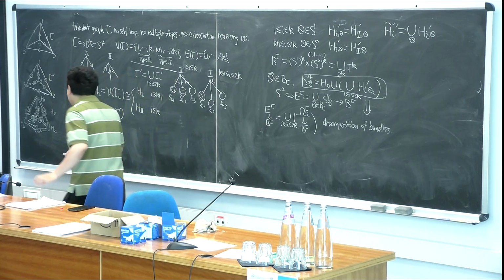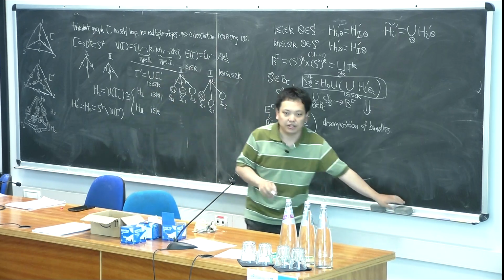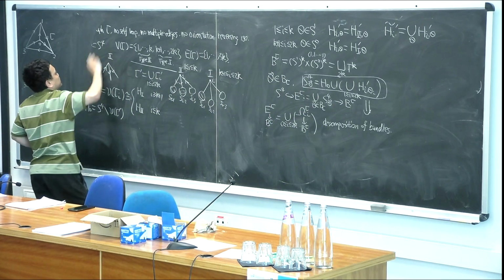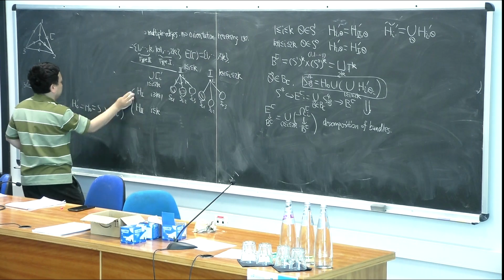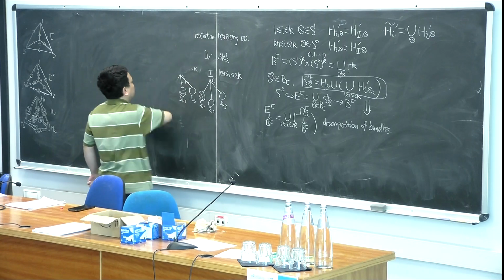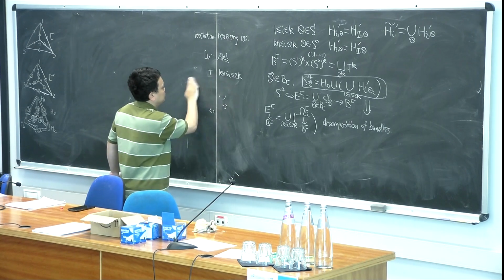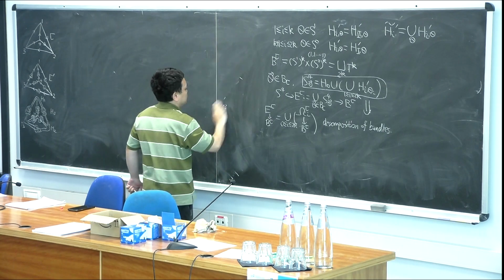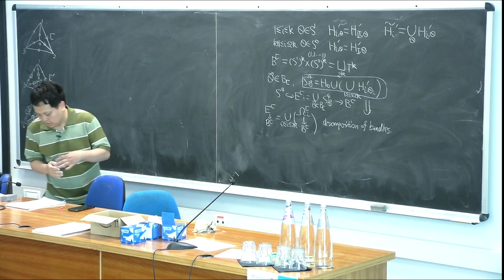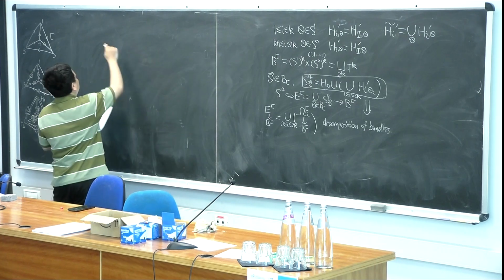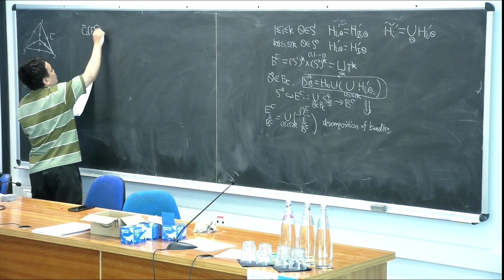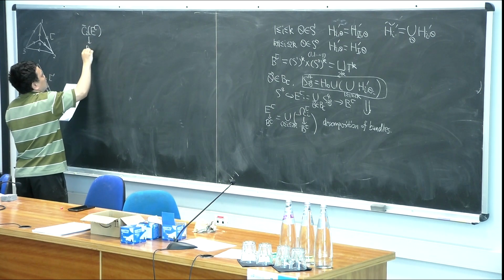But it also induces a decomposition of the configuration space bundle. Let's consider a 2-point configuration space bundle. We have this 2-point configuration space bundle over B gamma.